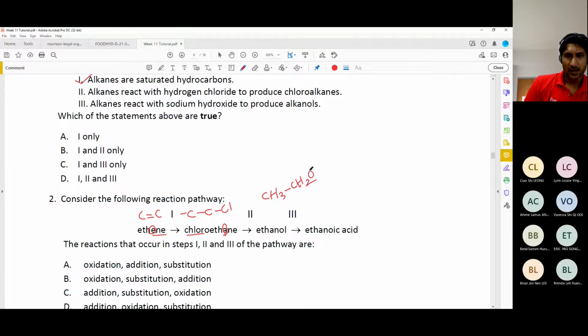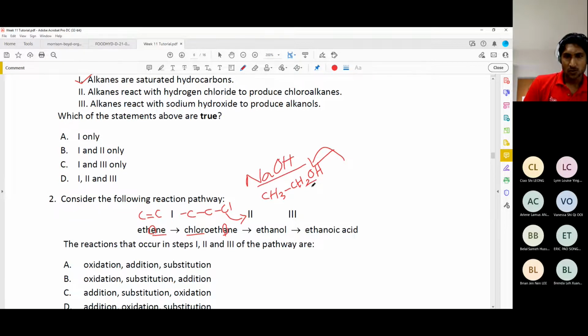Ethanol means the chlorine is gone from here, and the chlorine is replaced by OH. This OH is coming from a base, sodium hydroxide it can be.